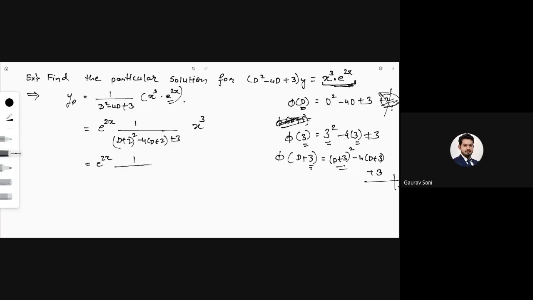So now you can simply simplify this expression: d square plus 4d plus 4 minus 4d minus 8 plus 3, x cube.